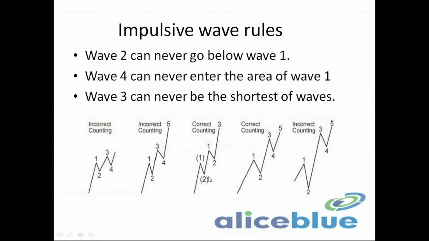You have to make these the minor waves. It's like this, or this would be 1 2 3, 1 2 3 4 5. It will be like that, and this will be 1 2 3 4 5. This is the correct counting, and this is another.